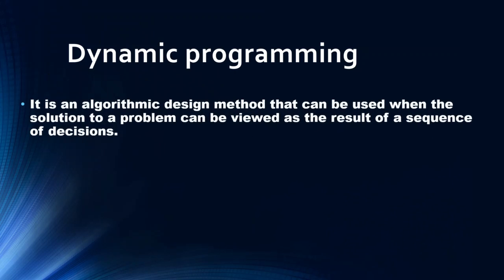What is dynamic programming? It is an algorithmic design method that can be used when the solution to a problem can be viewed as a result of a sequence of decisions.